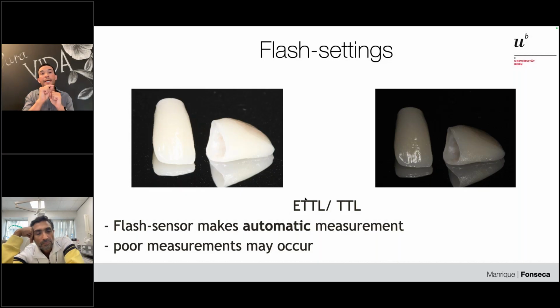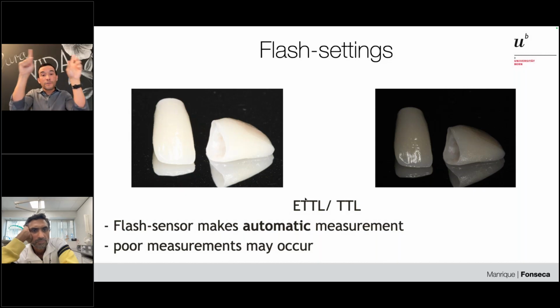And in the automatic mode, when you push the button to take the picture, in fractions of a second, there is an electronic function in the flash that takes a measurement of the light that you have in that room. If it is too light, then it's going to shoot less light, and the other way around.